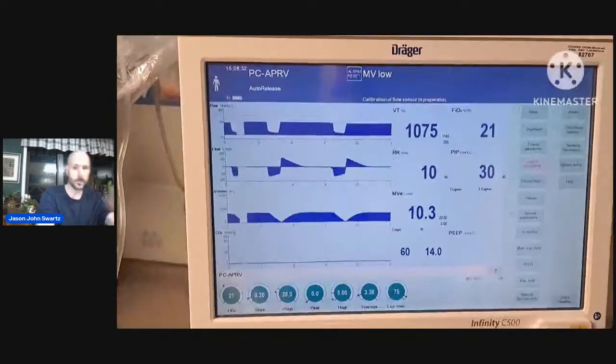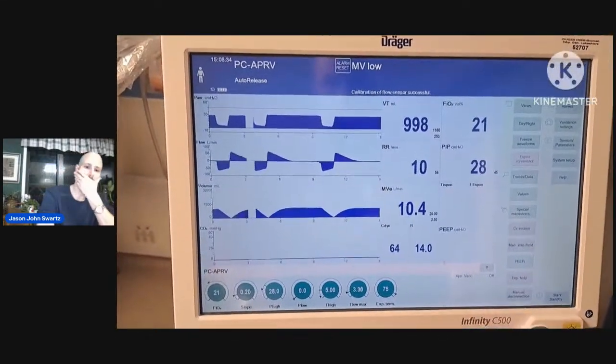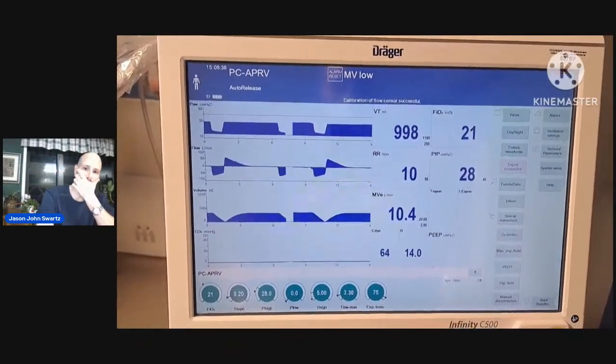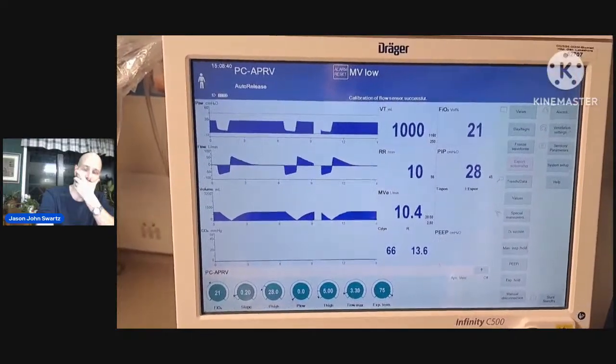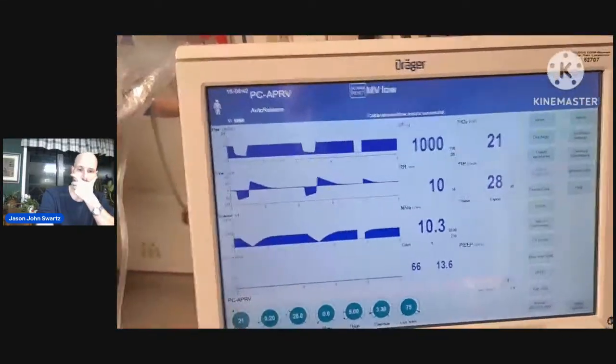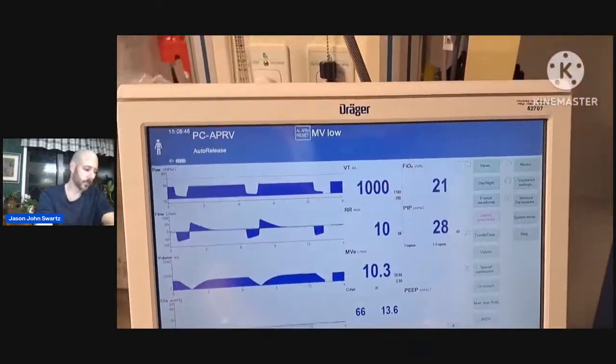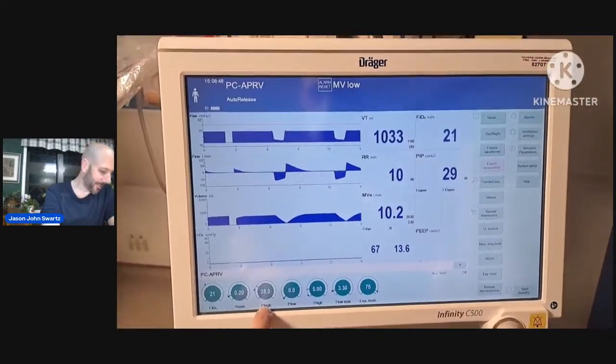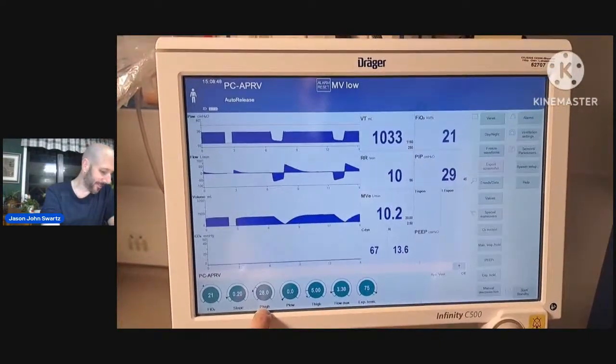Look at the release volumes. What I'll probably do by the end of the shift is try and keep it around 25, because that's what the plateau was prior.